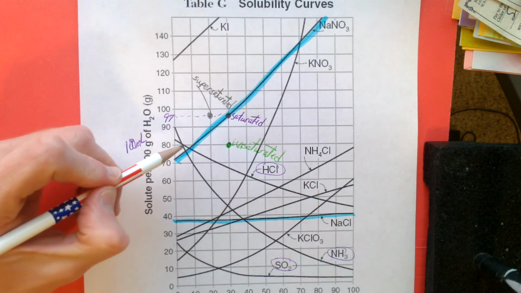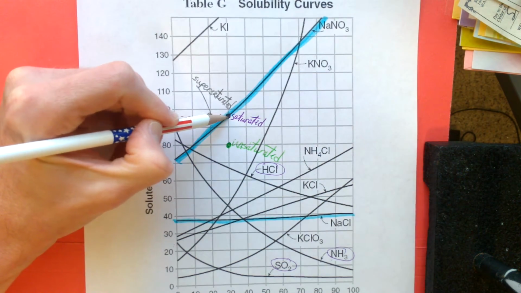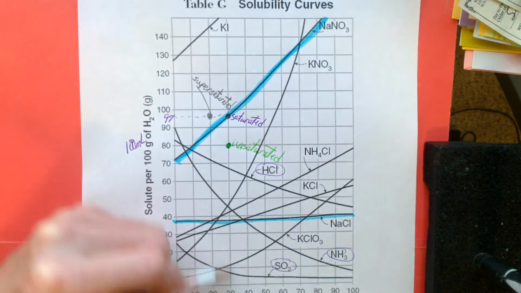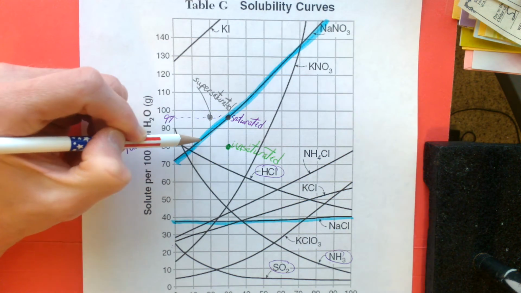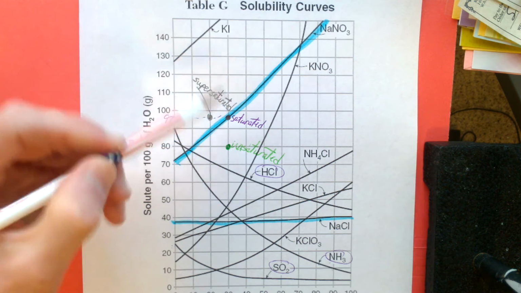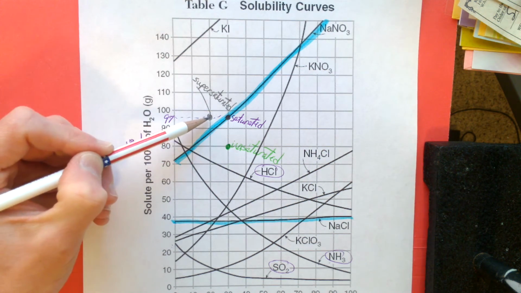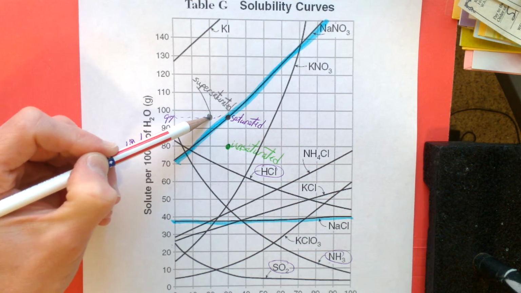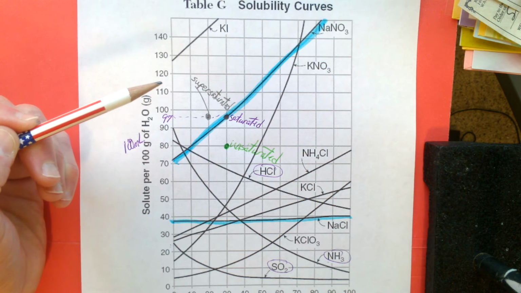Okay, if you make a solution and you get it saturated at a particular temperature, and then you slowly cool it down, you can have those solutions stay dissolved. But now, see, because you're above this point, you're considered supersaturated.